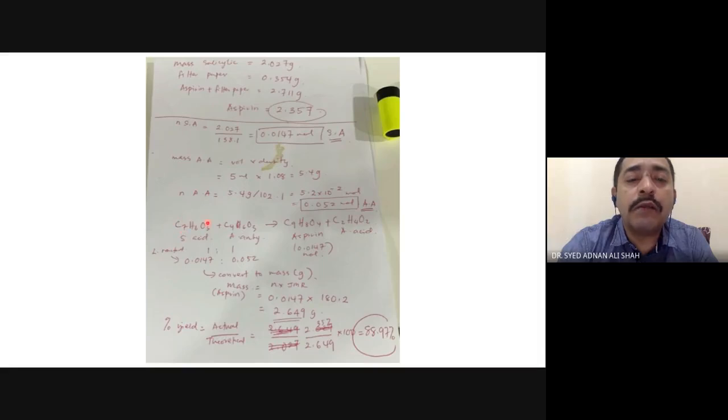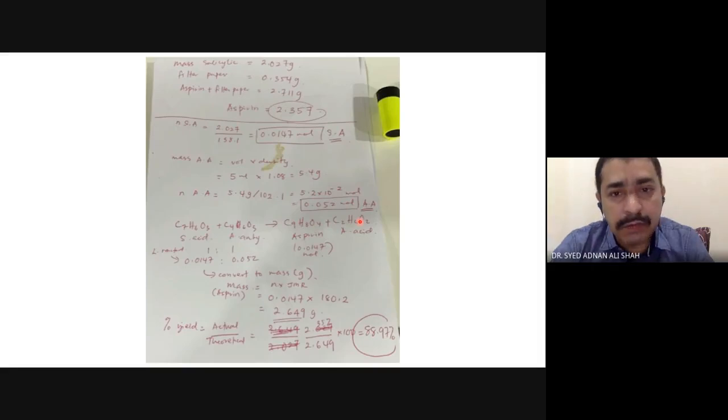The equation is 1 mole of salicylic acid reacts with 1 mole of the acetic anhydride and forms 1 mole of aspirin and 1 mole of acetic acid. Means the ratio between the salicylic acid and aspirin is 1:1, right?